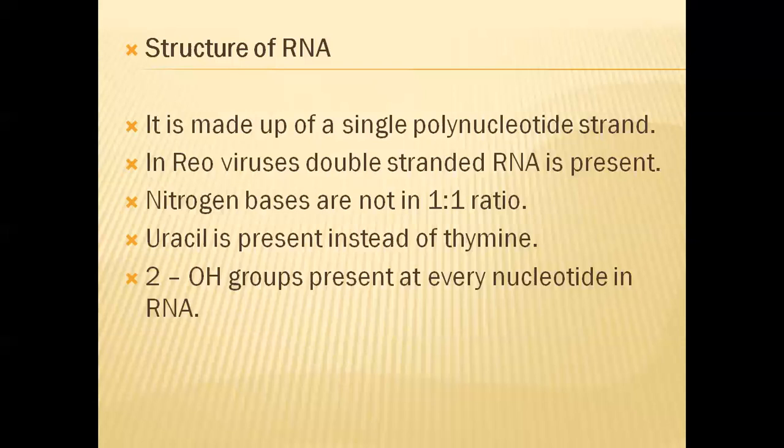In DNA, thymine is present, but in RNA, uracil is present. Uracil differs from thymine only in lacking a methyl group. In uracil, the methyl group is not present, but in thymine it is present. And here there is no complementarity between nitrogen bases, that is no 1:1 ratio of purines and pyrimidines.